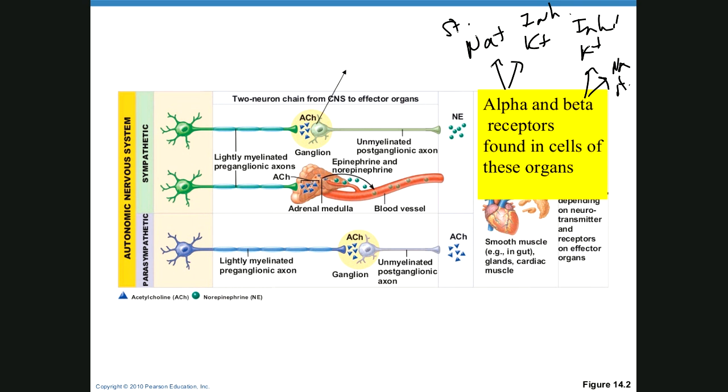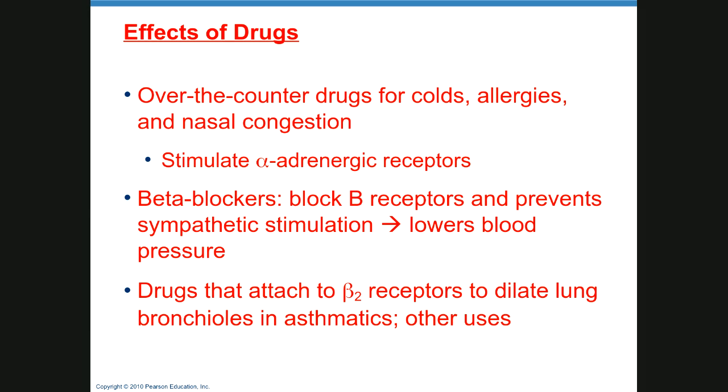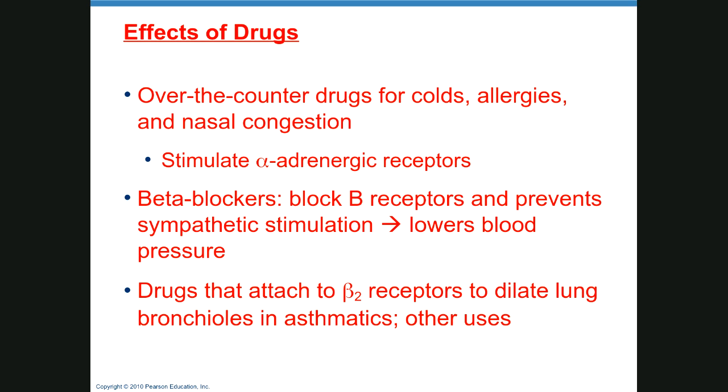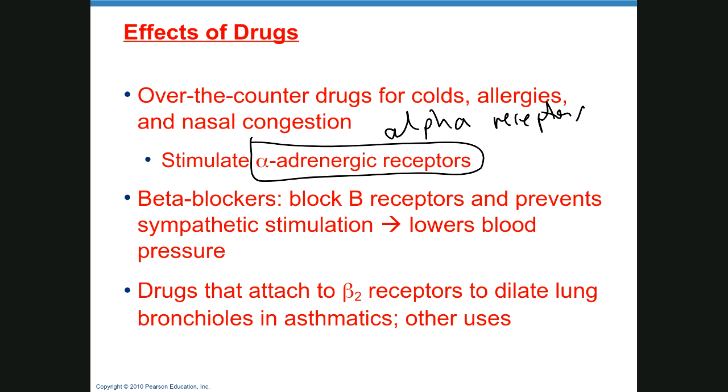So for example, over-the-counter drugs for colds, allergies, and nasal congestion stimulate adrenergic receptors, alpha receptors. These are going to be decongestants. Congestion is a parasympathetic activity.